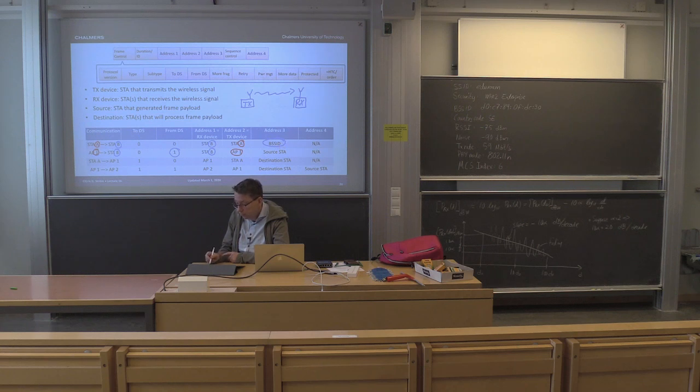Okay. So the green part here. All right. So with 2 more things here. If we go from station A to the access point, then we are going to an access point. Therefore, to DS is 1. But we are not going from an access point, so that's 0.